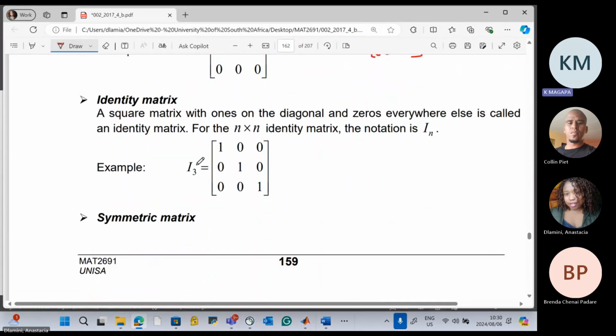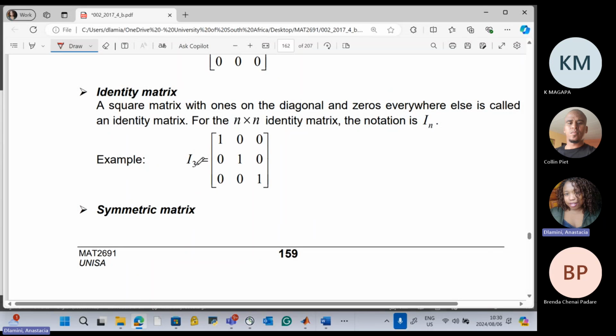Yes, ma'am. Now the identity matrix. A square matrix with 1 on the diagonal and 0 everywhere else is called an identity matrix, meaning that you cannot have an identity matrix if you do not have a square matrix, where the number of rows is equal to the number of columns.